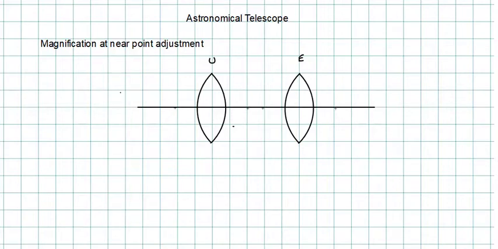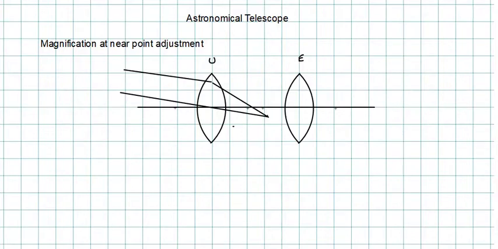So consider some rays coming from very far at a certain angle alpha. This is one ray, this is another one, which after refraction do not pass through the focus, rather they form an image at the focal plane.